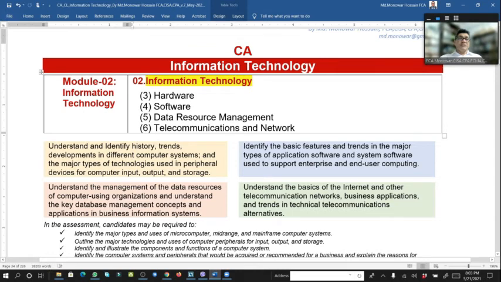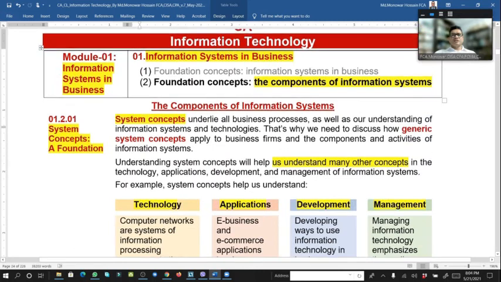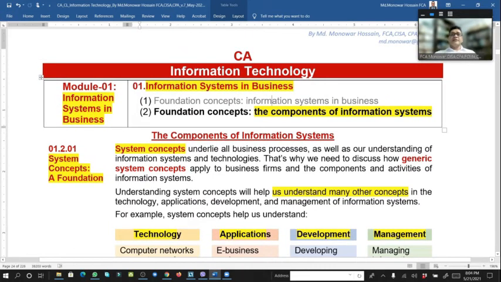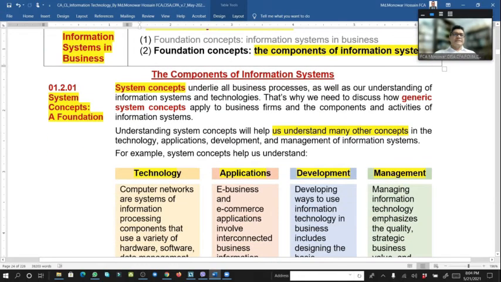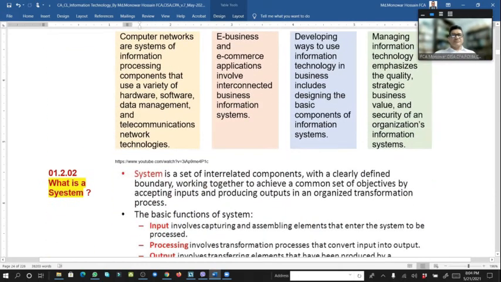It's our module 2 or chapter 2, information technology. Within information technology we have 4 topics: hardware, software, data resource management, and telecommunication and network. Today we discuss the components of information system, and we have seen the system concept. That's the fundamental.